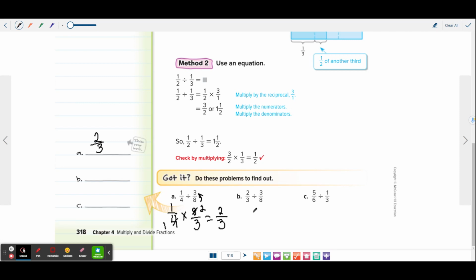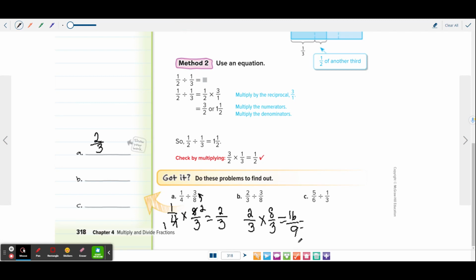Now for B, if you want to pause here and go ahead and do B and C, you can do that and then check your answers real quick. I'm going to go ahead and work these. 3/8, and then the sign we're going to change, and we're going to flip. 3/8 would be 8/3. See if we can simplify. We cannot, can we? So 2 times 8 is 16. 3 times 3 is 9.